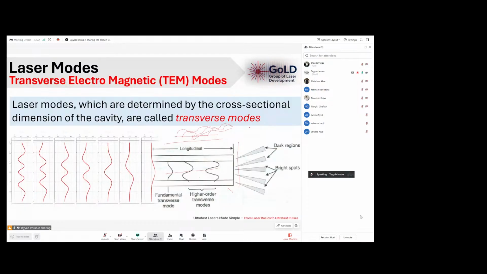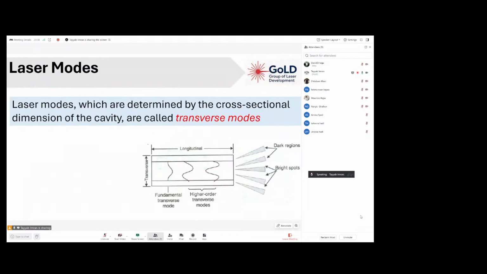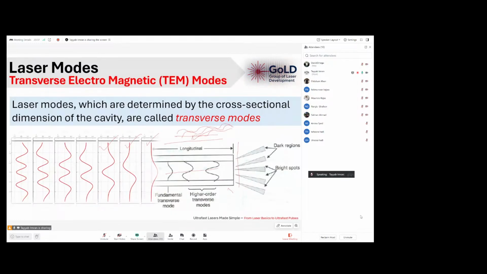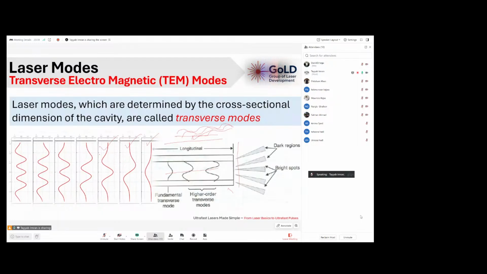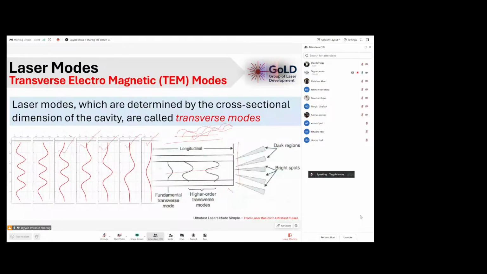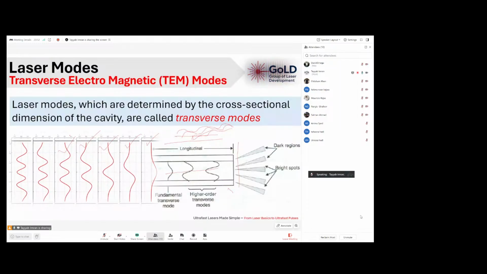On the left side, you see the animation. And if you see here, first case, second case, third case, these are all transverse modes, and so on. It looks like different energy levels in a box.